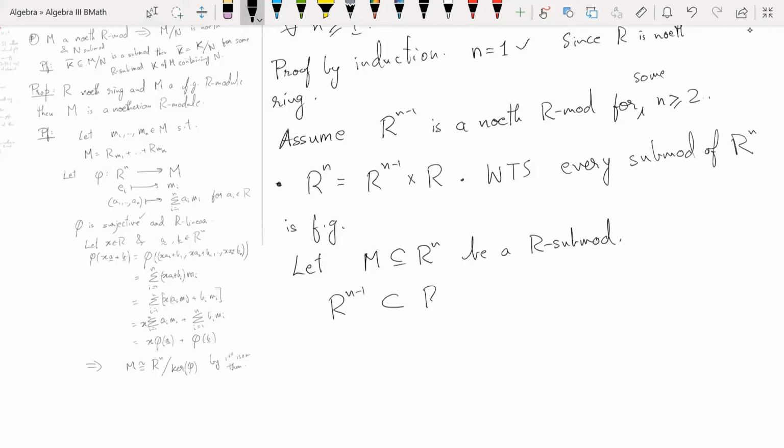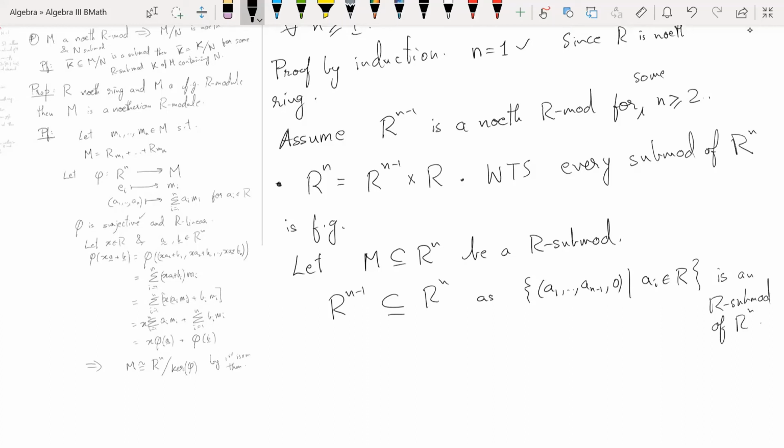So R^(n-1) as a submodule is obtained in R^n as (a1 to a(n-1), 0), where ai is in R. This is how I think of R^(n-1) as a submodule of R^n. It is an R-submodule of R^n.